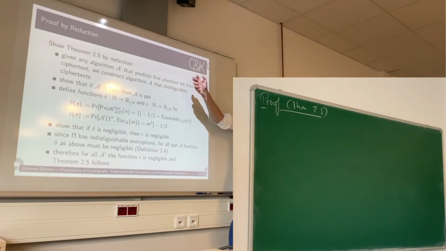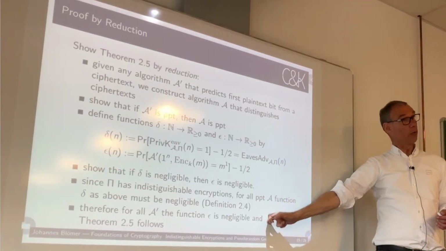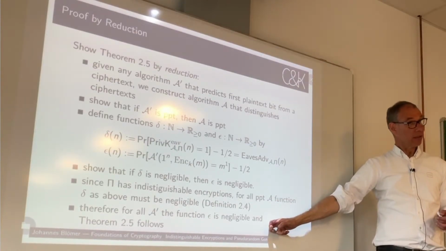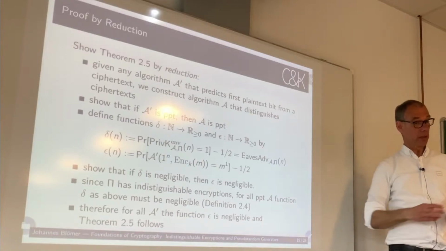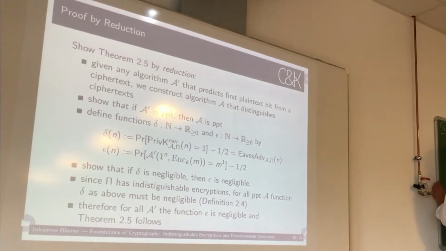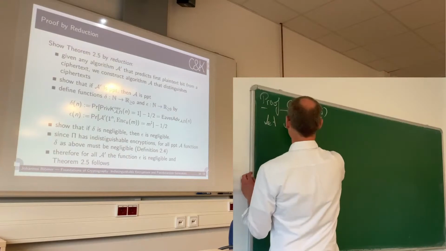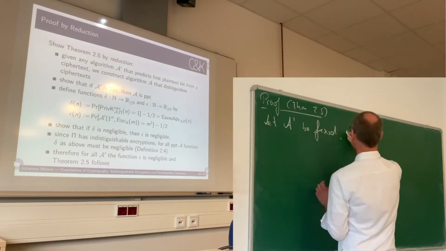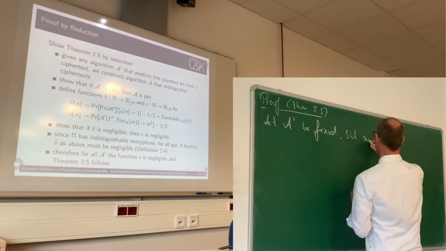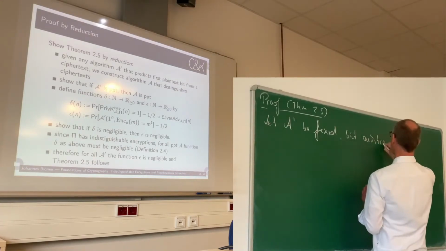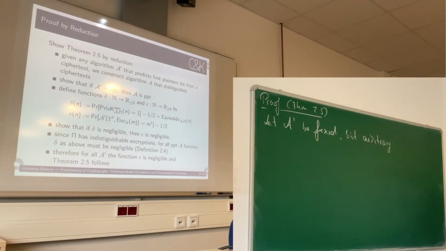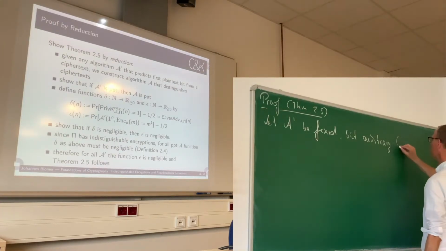And because I do that for any algorithm, I show for any algorithm this is negligible, so I'm done then at the end with my theorem. So let A prime be fixed but arbitrary against plaintext prediction.